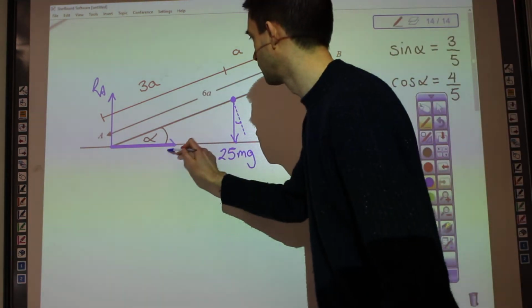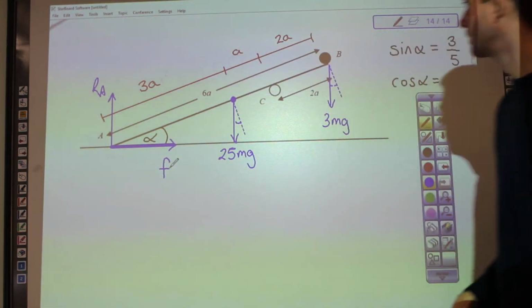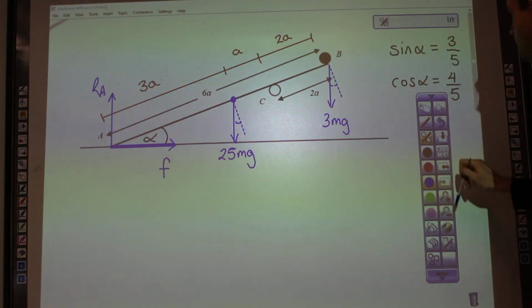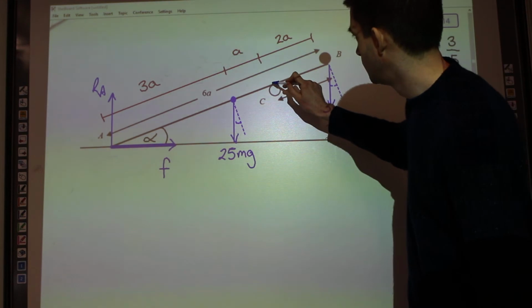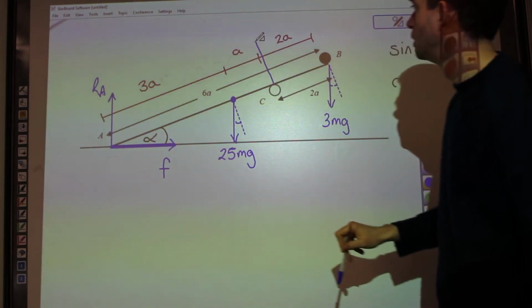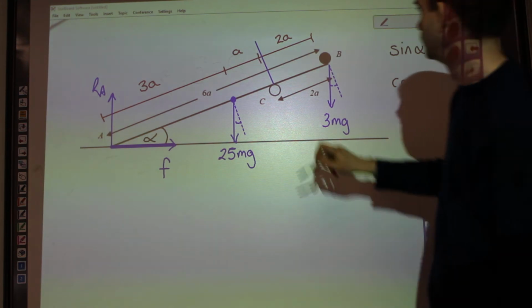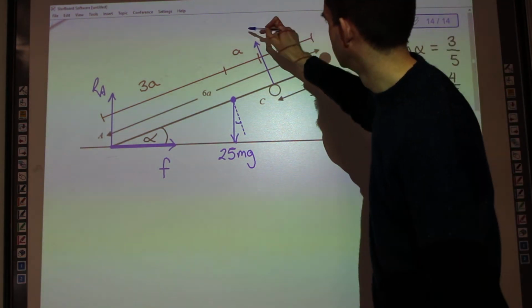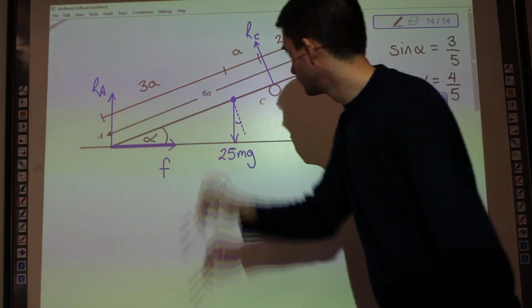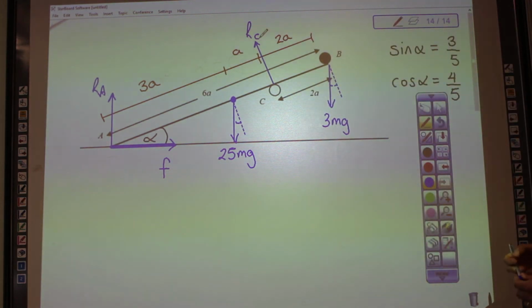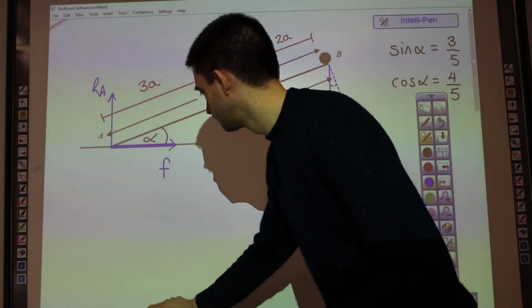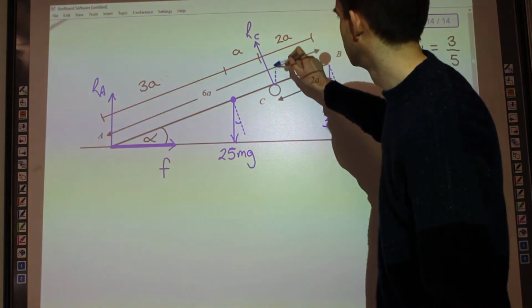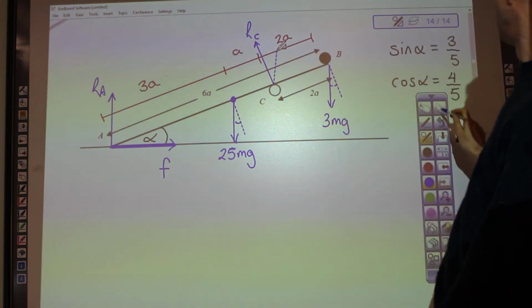Label that with lowercase f. We've also got a reaction force at the point C here, and we'll draw on there a vertical line.